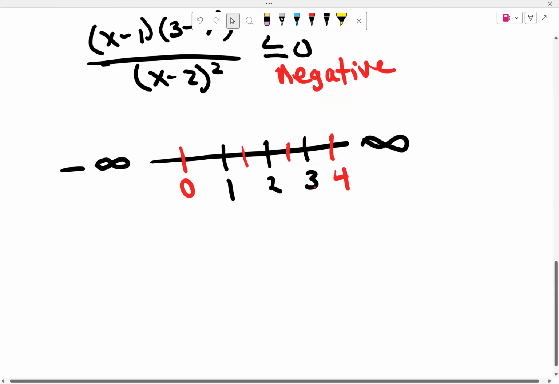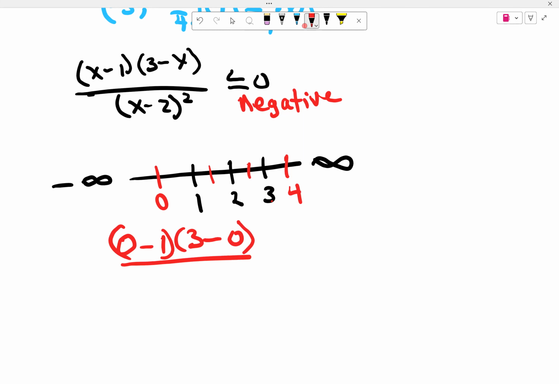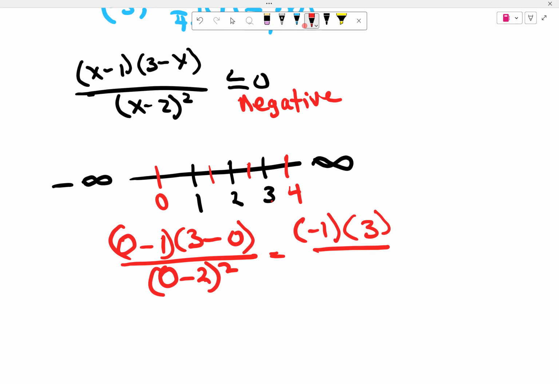So if I do that, the 0 minus 1, times 3 minus 0, all over 0 minus 2 squared. This is going to result in negative 1 times 3. And this is negative 2 squared, so it becomes over 4. So this is equal to negative 3 over 4. And that is definitely a winner.